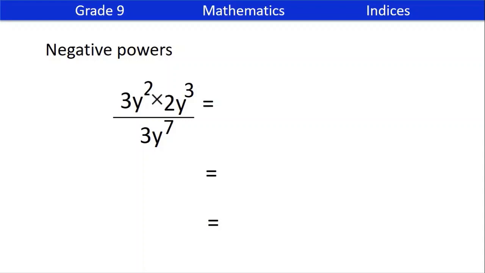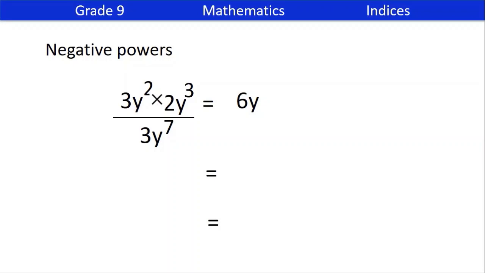So guys, let's try to sort out an example with negative powers. Here there is 3y to the power 2 multiplied by 2y to the power 3 over 3y to the power 7. So first of all, in the numerator, there is a multiplication between two powers with the same base, and there are two numbers also, 3 and 2.